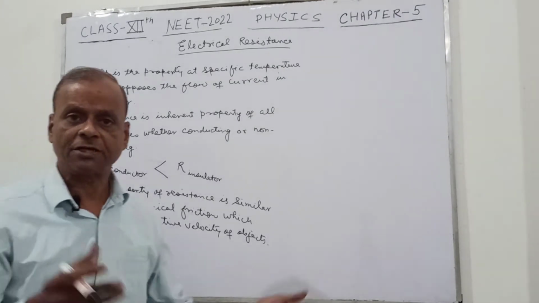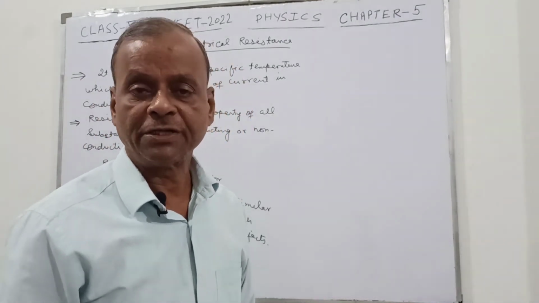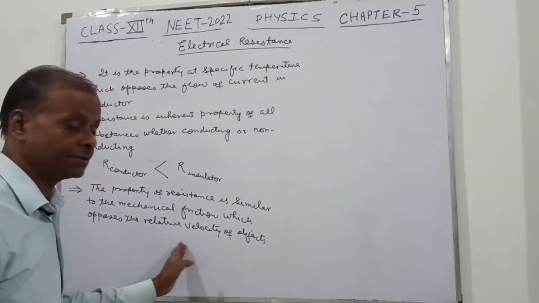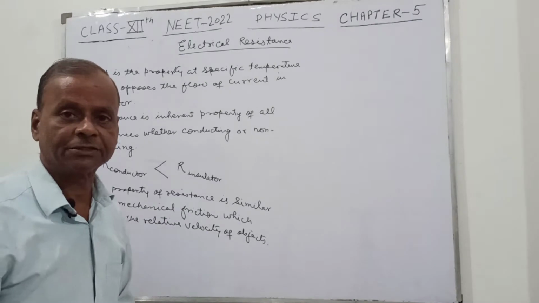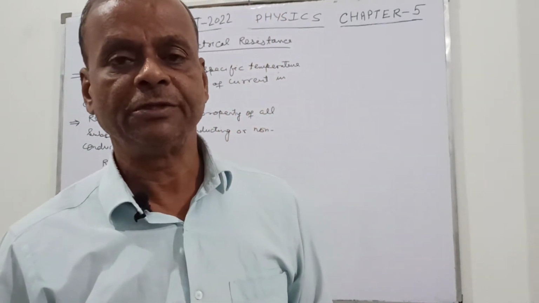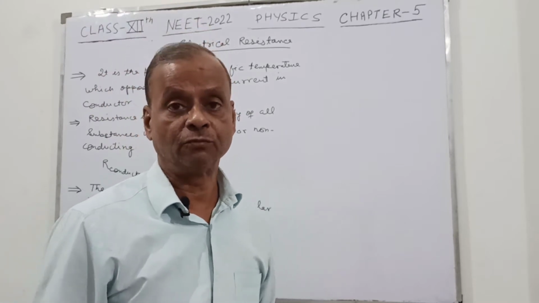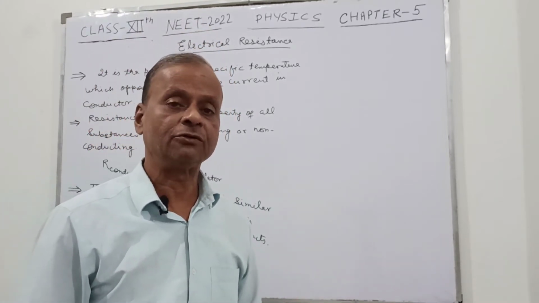So just as friction opposes, resistance opposes the flow of the current. This is equivalent to the mechanical friction. Mechanical friction also opposes the relative velocity of the particle or of the object moving on some surface. So this is very similar to that one.